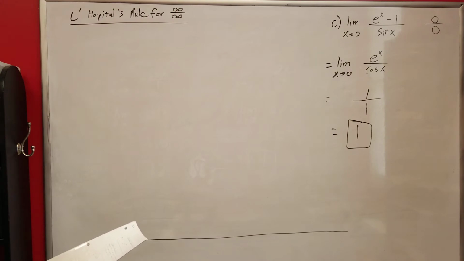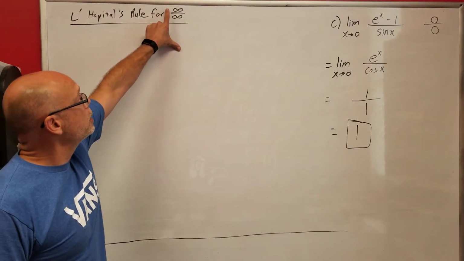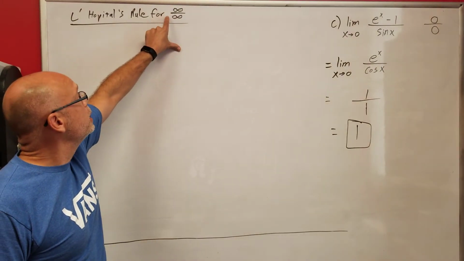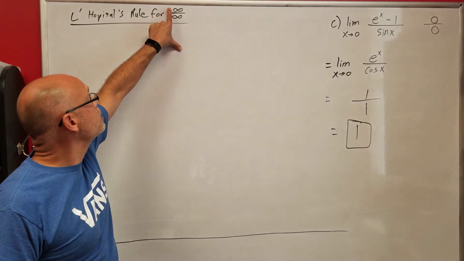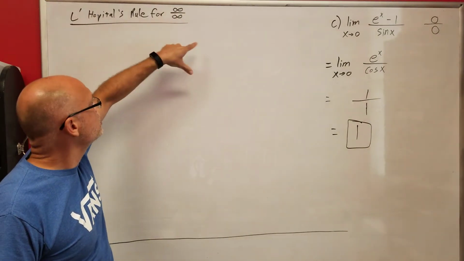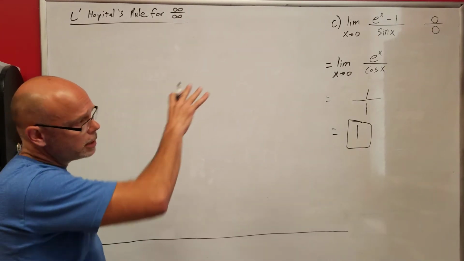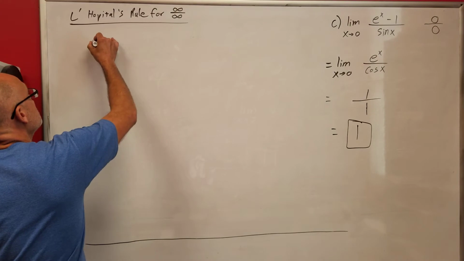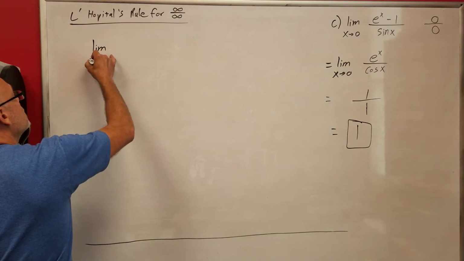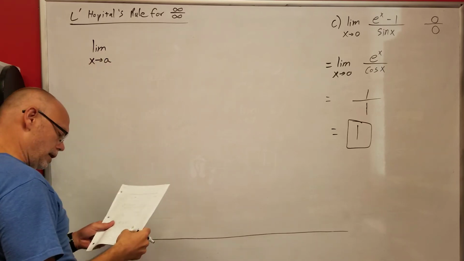All right, so what we're going to say here is we're going to look at this like it's either infinity over infinity or negative infinity over positive infinity or positive infinity over negative infinity, just some form of infinity over infinity, okay? We're going to treat it the same exact way we treated 0 over 0, okay? What did we say? We said the limit as x approaches a, I believe is the letter we used here.